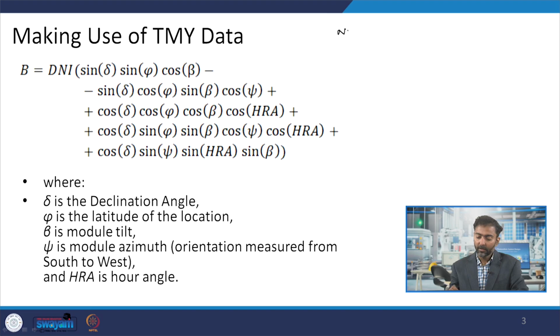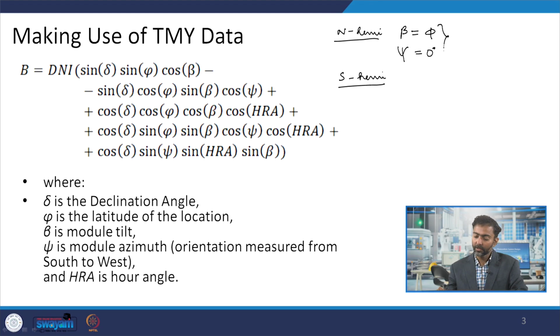So if you are in the northern hemisphere, then the ideal tilt angle for your solar PV panel beta is equal to the latitude of the location phi, and your module azimuth is 0 degree. That means you place your panel facing due south. And at the end of the lecture I had given you a small homework to find out what should be the simplification for the southern hemisphere.